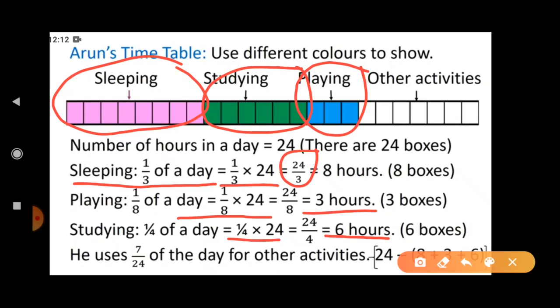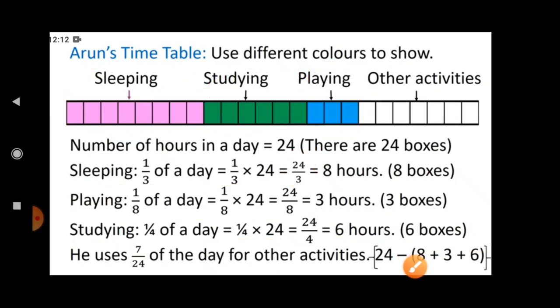And we have to find total hours for other activities. So first we have to add all these 3 numbers.